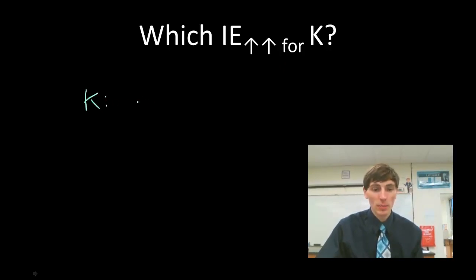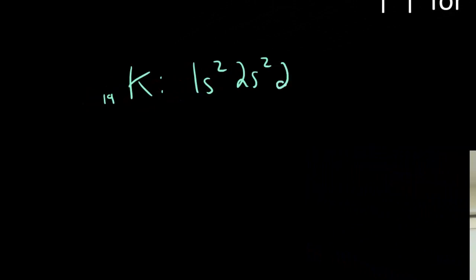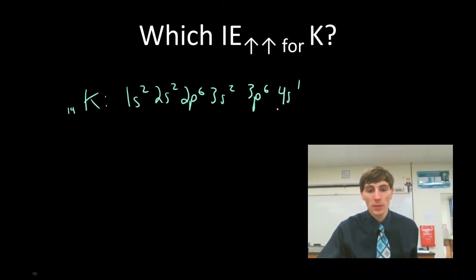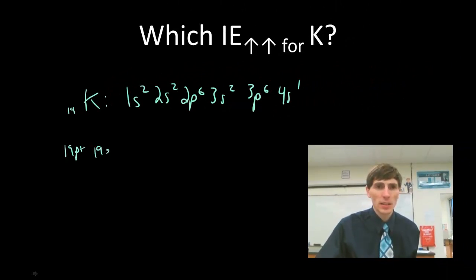I'm going to go ahead and look up potassium is 19. So looking on the periodic table, 1s2, 2s2, 2p6, 3s2, 3p6, 4s1. Okay, so this is the electron configuration for potassium. So right now potassium has 19 protons, 19 electrons.